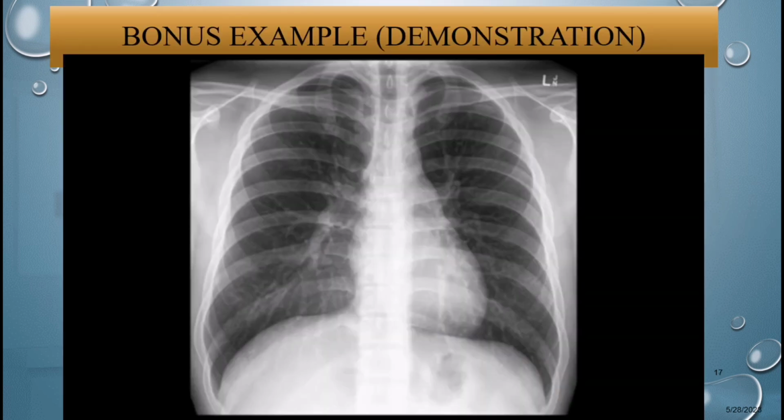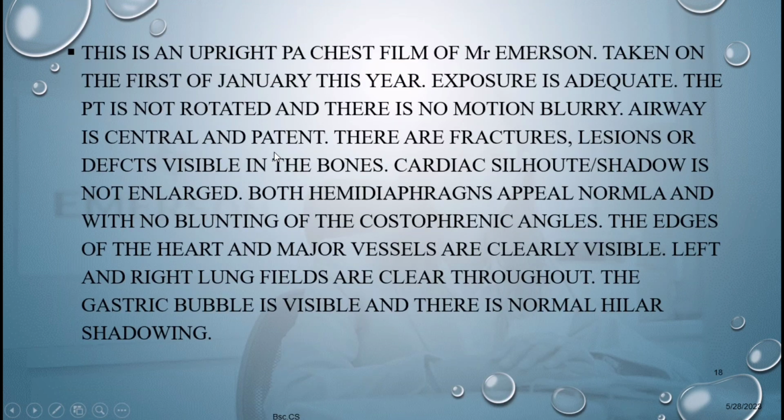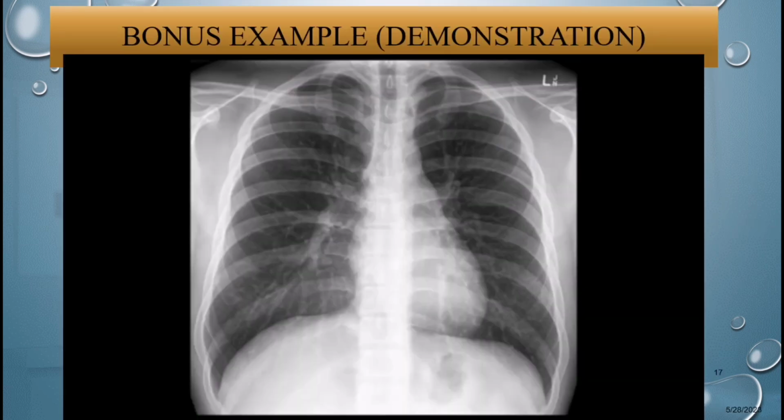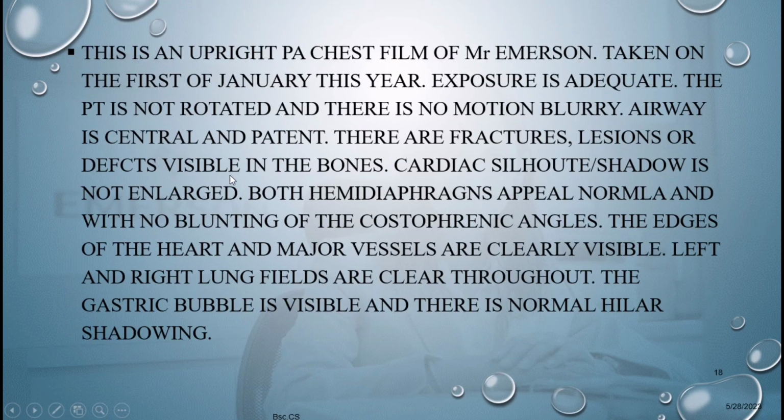Then exposure is adequate, as you can see. It is not too bright, it's not too dark, so the exposure is adequate. And then the patient is not rotated, and there is no motion blur. So here we are. That's what we mean.